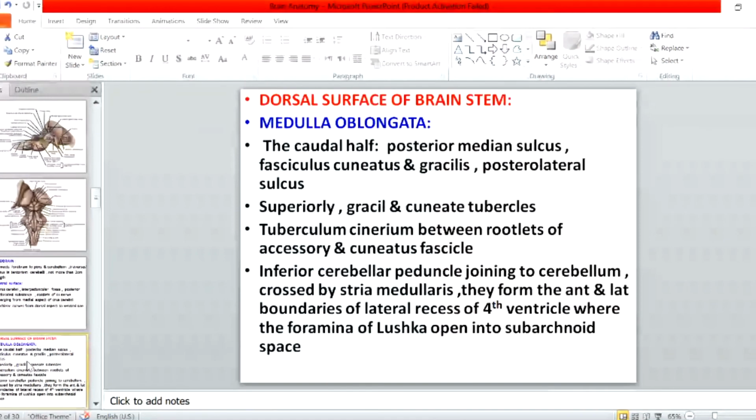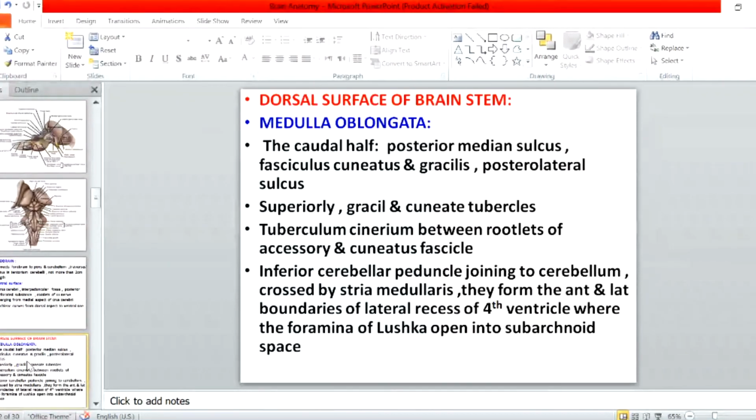So the dorsal surface of the brainstem, the medulla oblongata, caudal portion or distal half of it contains the posterior median sulcus, fasciculus cuneatus and gracilis. Then the posterolateral sulcus. Superiorly these become rounded. We call them gracile and cuneate tubercles. Then lateral to them you have the tuberculum cinereum, between rootlets of accessory and cuneate fascicle.